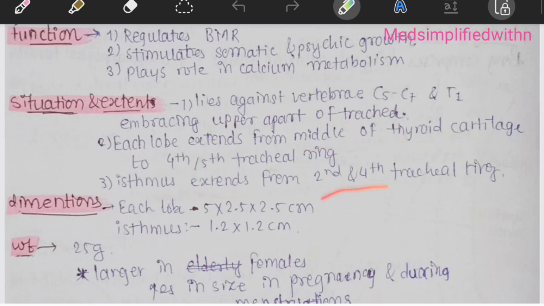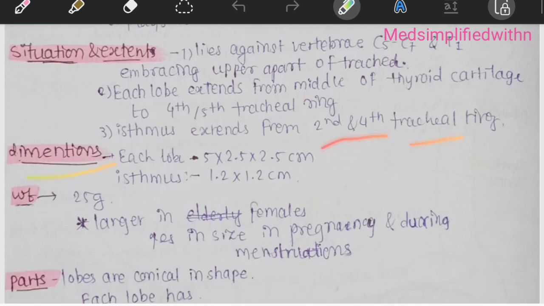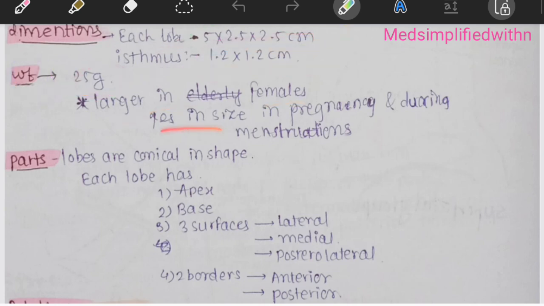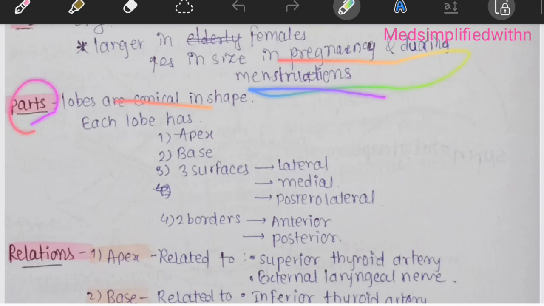The isthmus extends from the second to the fourth tracheal ring. Dimensions of the thyroid gland: each lobe is 5 by 2.5 by 2.5 cm, and the isthmus is 1.2 cm by 1.2 cm. The weight of the gland is 25 grams; it is larger in females, and increases in size in pregnancy and during menstruation.